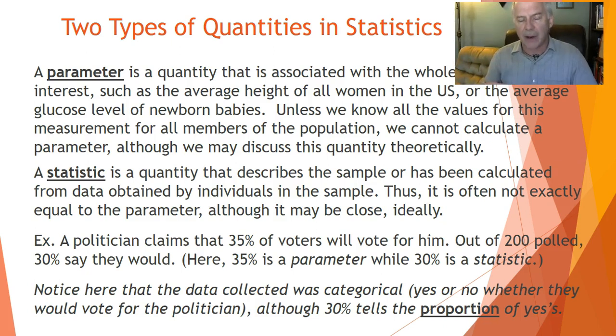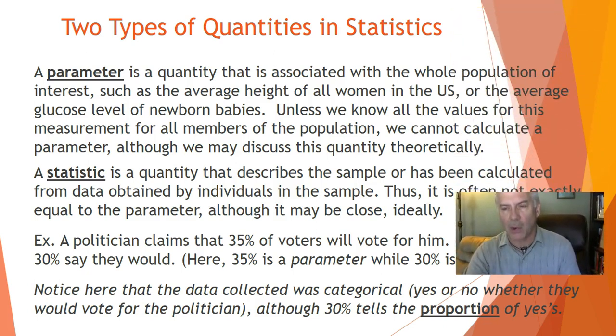Now, a parameter is a quantity that's associated with the whole population. It's associated with the whole population of interest, such as the average weight of all women in the United States. I'm sorry, average height, I meant to say, of all women in the United States, or the average glucose level of all newborn babies.